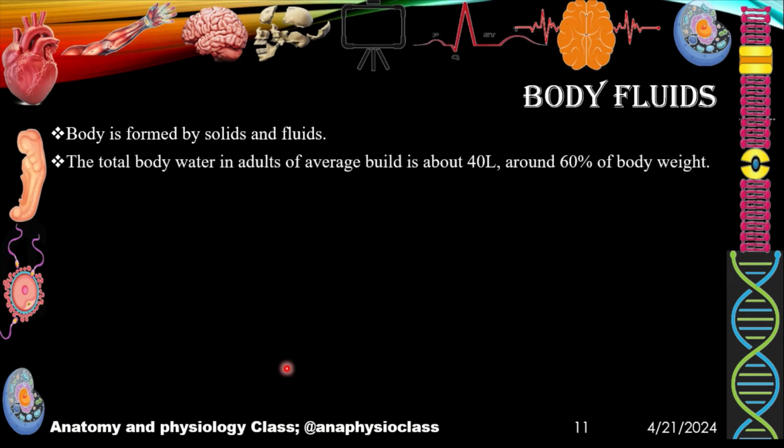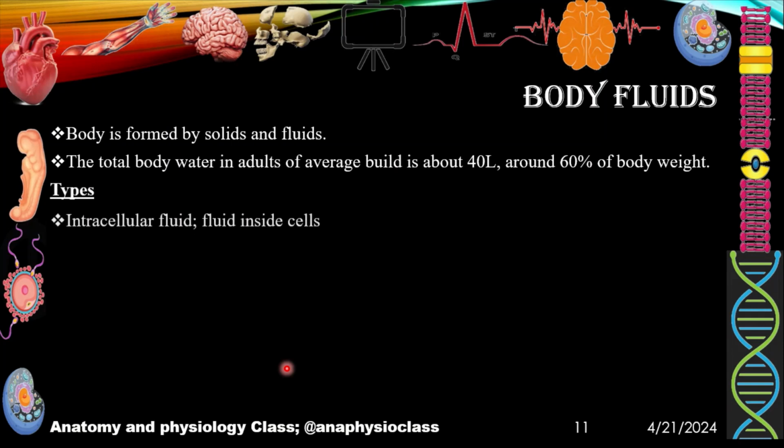So the total body water in adults of an average build is about 40 liters. An average adult has about 40 liters of body fluid in his body, and that is about 60% of his normal body weight.